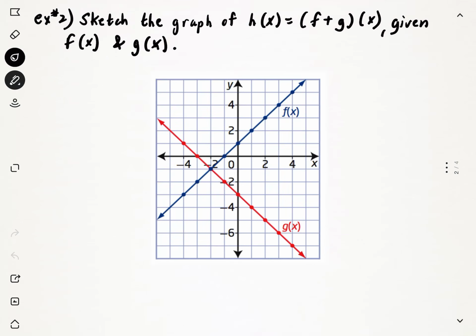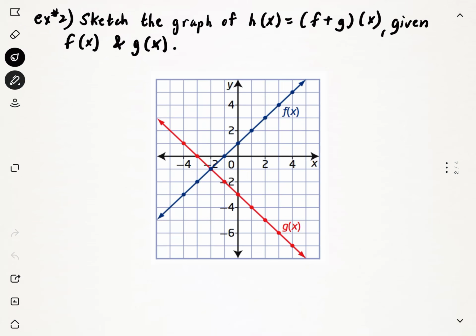Okay, this is a graphing example, but no equations are given. These are definitely two linear graphs, and we are asked in this particular case to not determine the equation of f plus g of x, but to actually sketch that graph. So what we can do is we can just start picking points, and we can look at x values, and we're going to add y values together, much like those reciprocal functions from the previous unit.